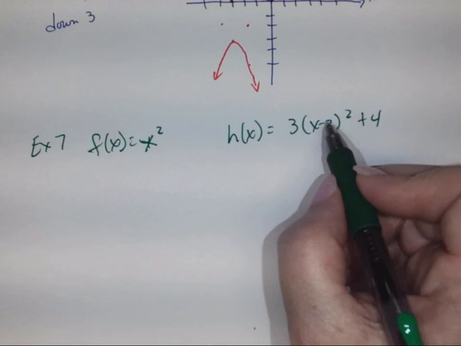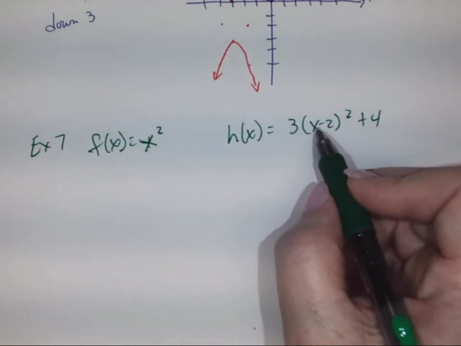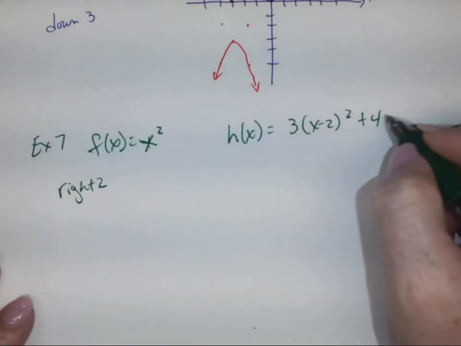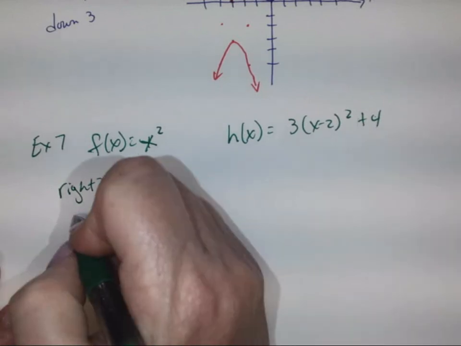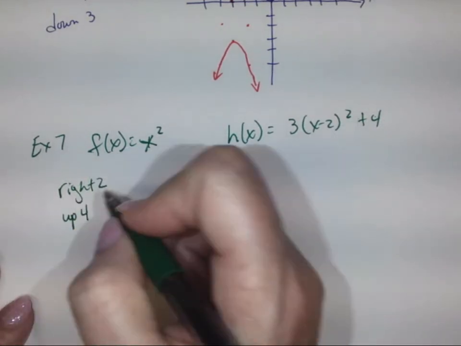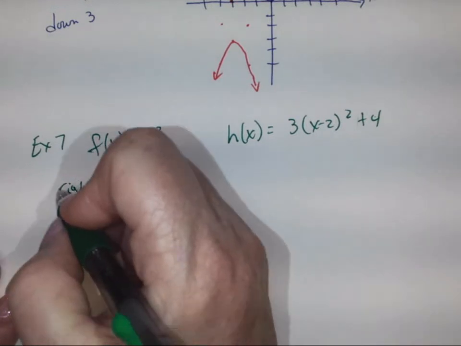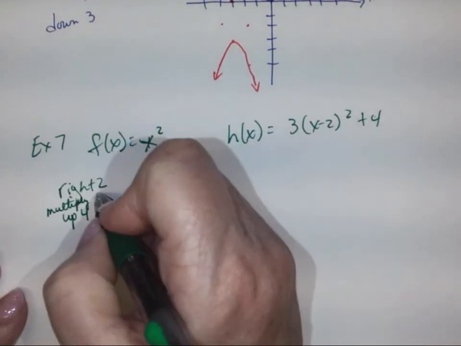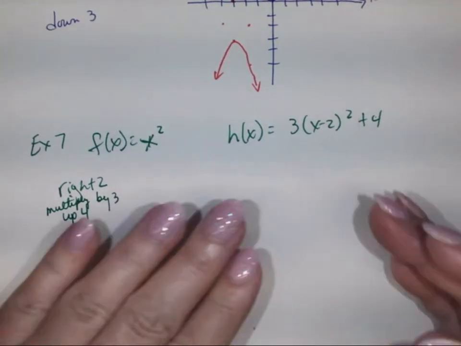Well, that's going to go left or right because it's caught in the parentheses, and it's going to go opposite of what we think, so it's going to go right 2. The positive tells me it's going up because this can go up and down, so it's going to go up 4, but we're also going to multiply by 3 in there. So I'm going to write the multiply by 3 in between because I want to do that before I go the up part.